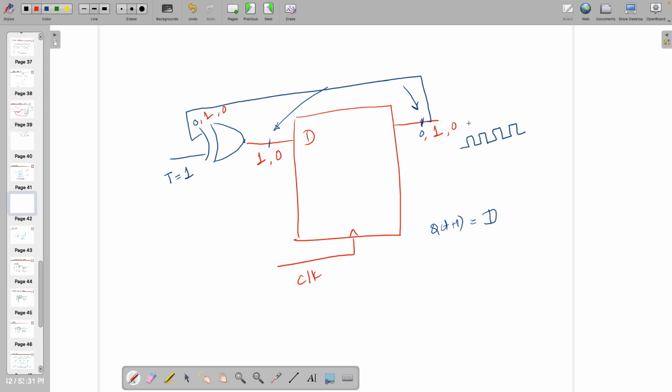So the output will be oscillating or toggling all the time, and its frequency of toggling is depending on now 3 propagation delay of NAND plus propagation delay of XOR, right, because XOR is actually in the loop, that has to be taken into account, right.